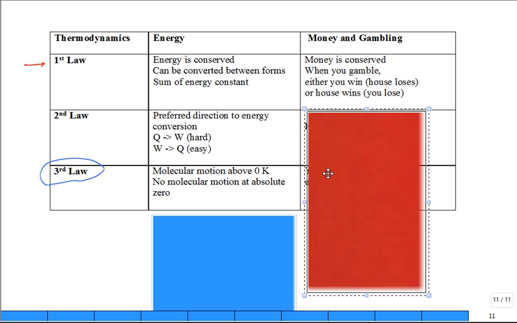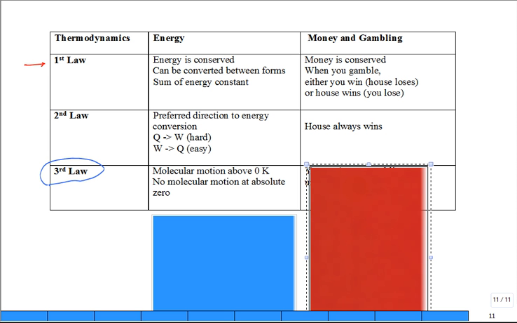With the 2nd law, there's a preferred direction to the transfer of energy or energy conversion. Likewise, in money and gambling, we know that there's the statement from the 2nd law that the house always wins. 1st law says the house could win or you could win, but the 2nd law says there's a preferred direction of winning. The house always wins. Now, what about the 3rd law?